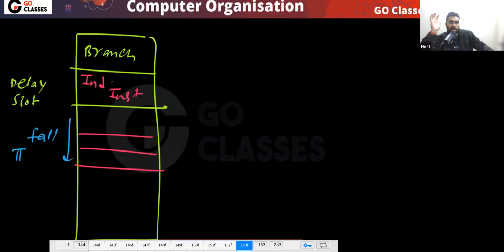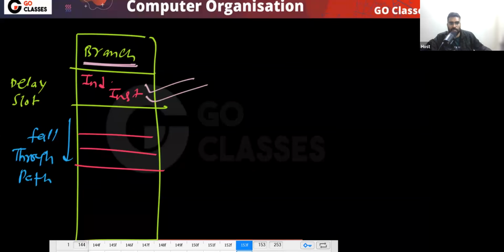Can I say the first instruction of the fall through path will be executed after the branch instruction? No. This instruction will be executed. Please understand. And this is your taken path.